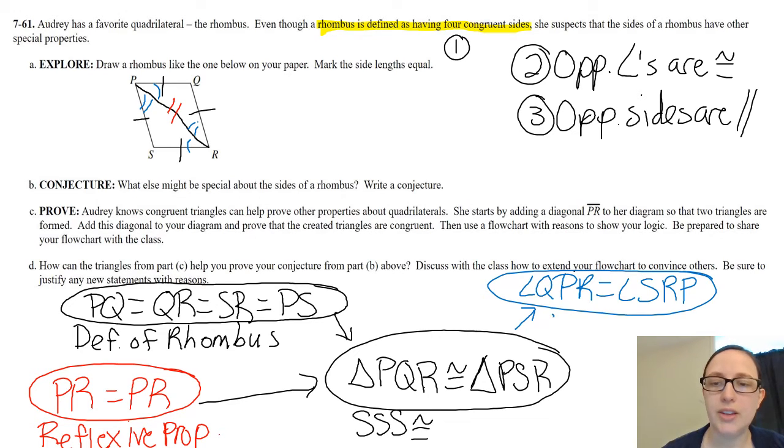We know that by CPCTC. I'm going to write down what that means in just a second. So that proves that our opposite sides are parallel because we have alternate interior angles equal. All right.